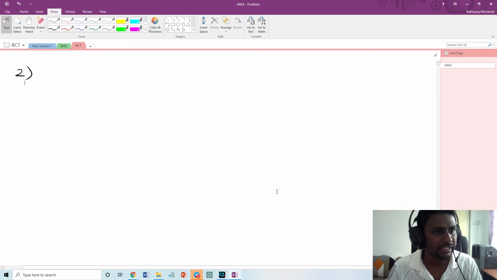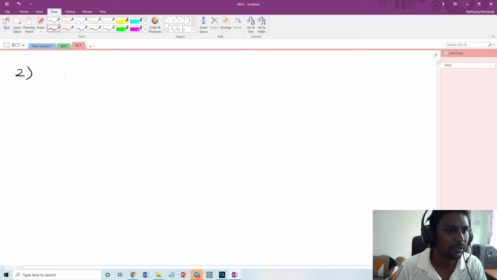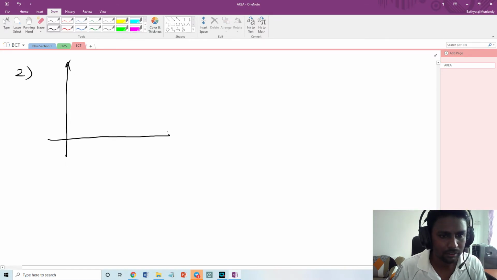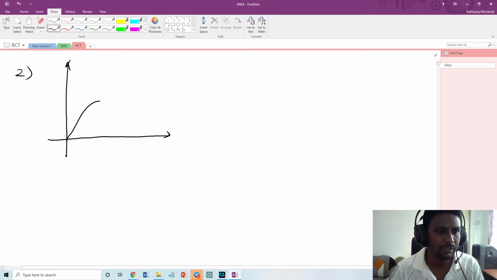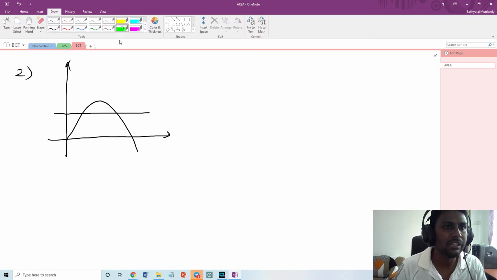Okay, now we try this problem. Okay, how to solve this example. Okay, so we have integral, we have a curve and we have a line, and I want to find this shaded region.